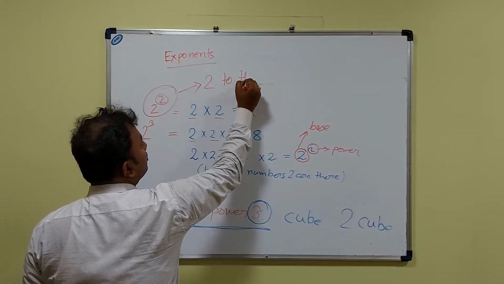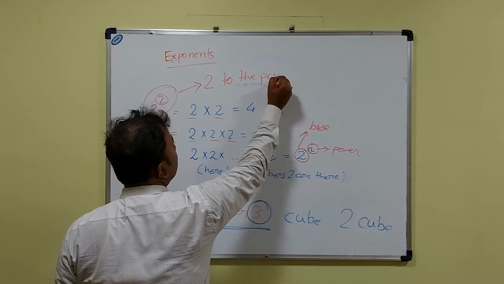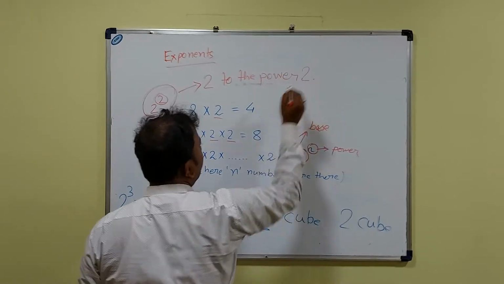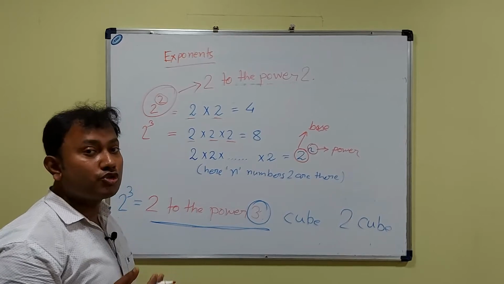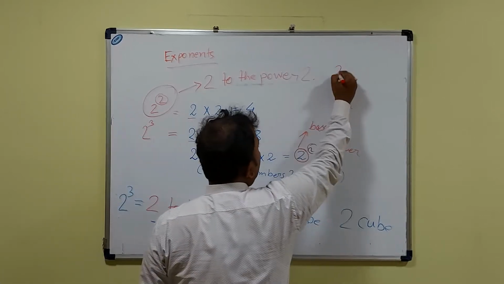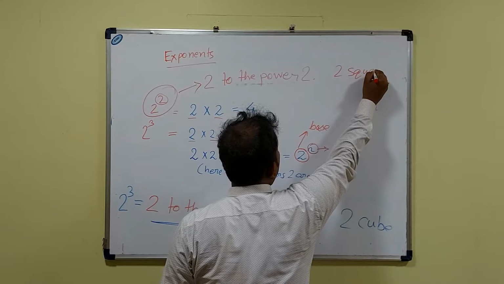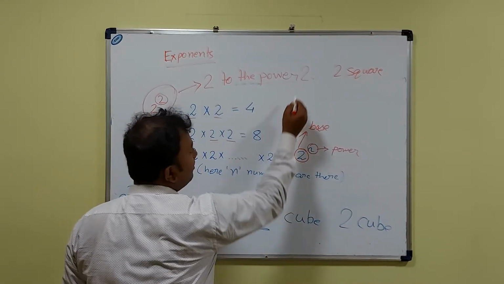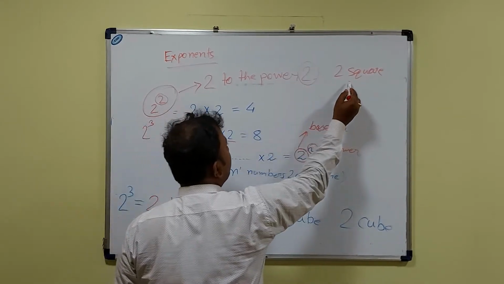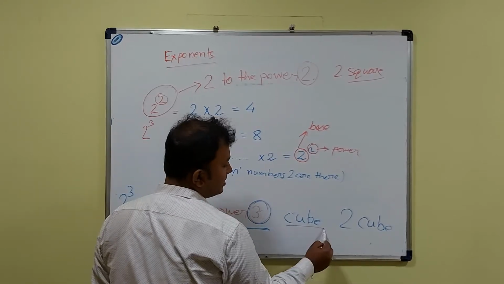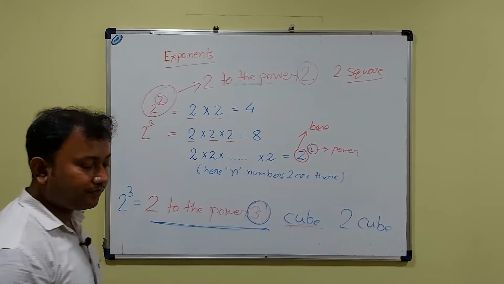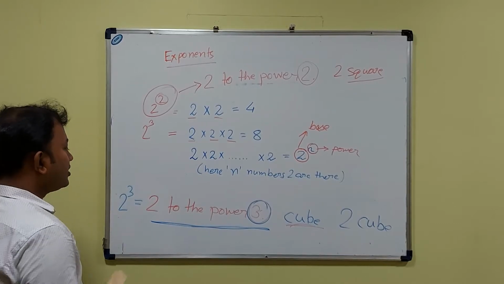So if the power is 2, we can read it as square. If the power is 3, we can read it as cube. Understood this one?